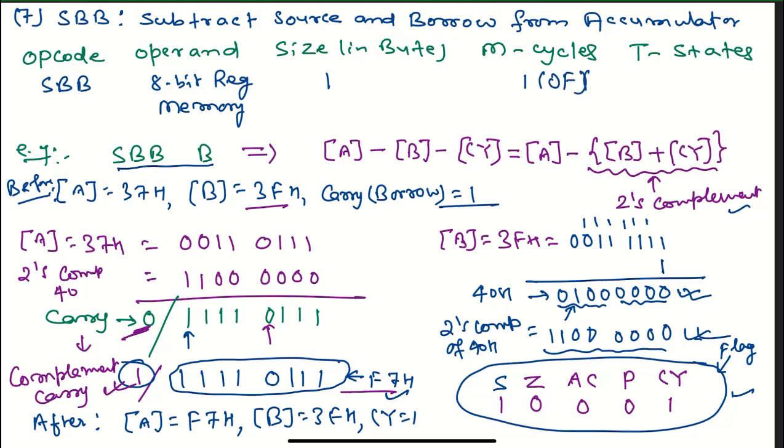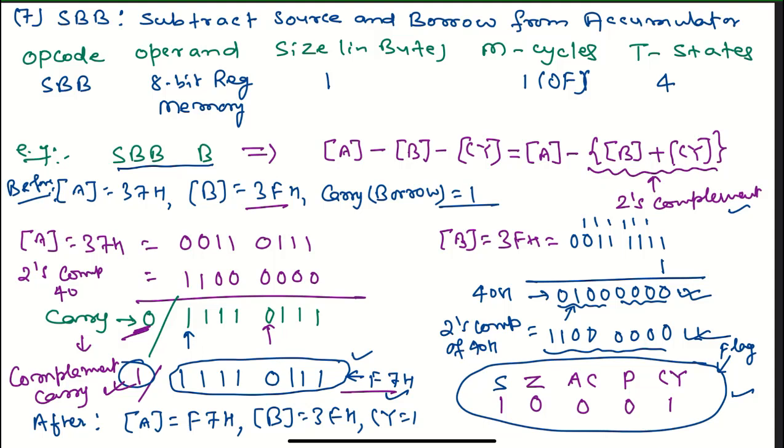Once the opcode is inside the processor, the rest of the parts, such as the accumulator content, B register content, carry flag, and the ALU part where this operation happens, are all inside the processor itself, so it is not going to take any further machine cycle. It requires only one machine cycle, which is the opcode fetch operation, and by default the opcode fetch operation takes 4 T states.